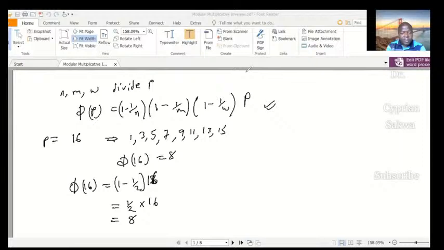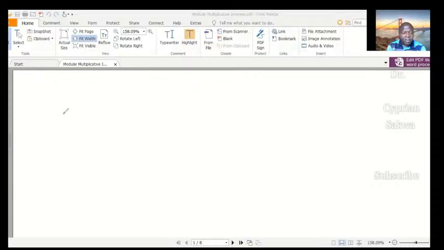Now, what is very important is we've already shown the statement of the Euler theorem, which says that a raised to phi of p is congruent to 1 mod p.